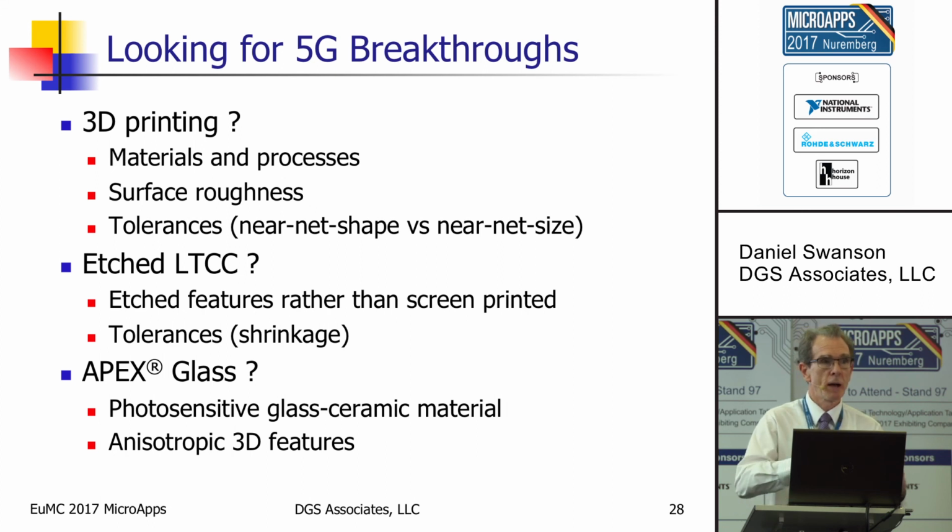So you've got pure glass supported by ceramic. And it has anisotropic features to it, so you can create some interesting 3D features with this. I can imagine in my mind maybe SIW type structures at millimeter waves using this material. So that's maybe something that you want to look at.